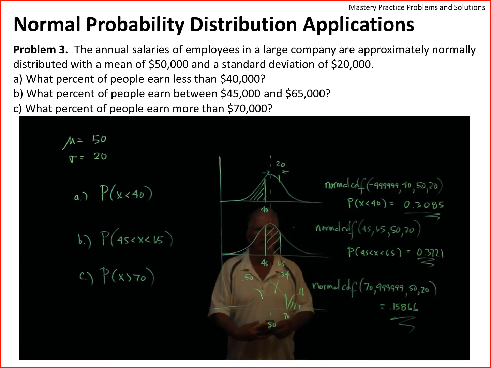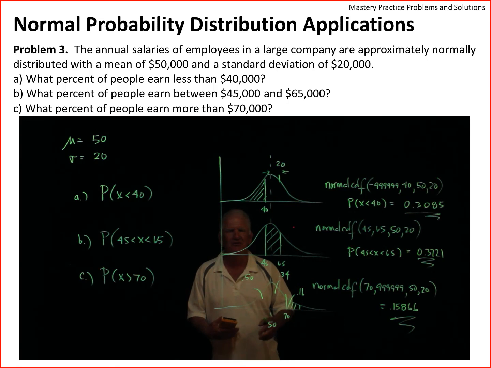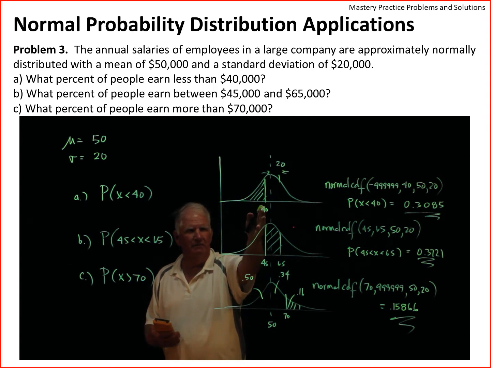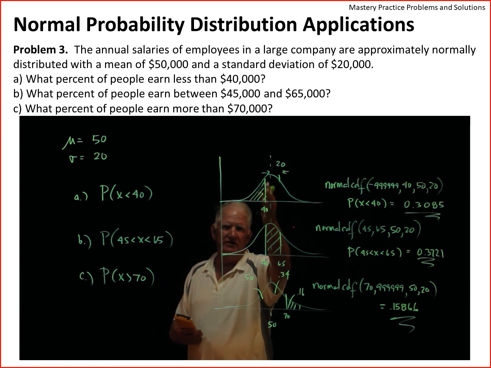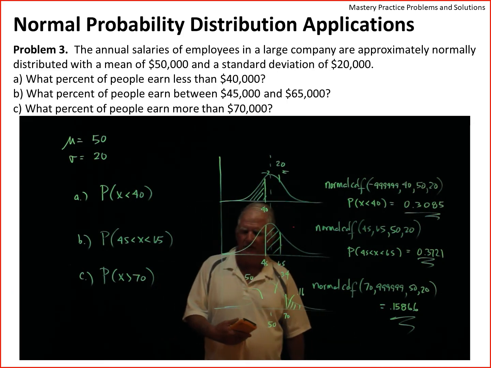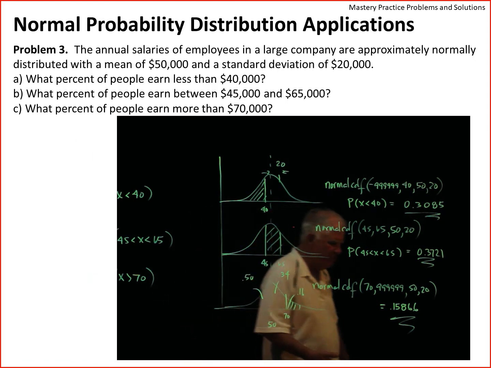Here's problem three, doing the three types of problems that you can do here: calculating a probability for values of x less than some value, between two values, or probabilities for values of x above some given value. All right, very good. Let's move on.